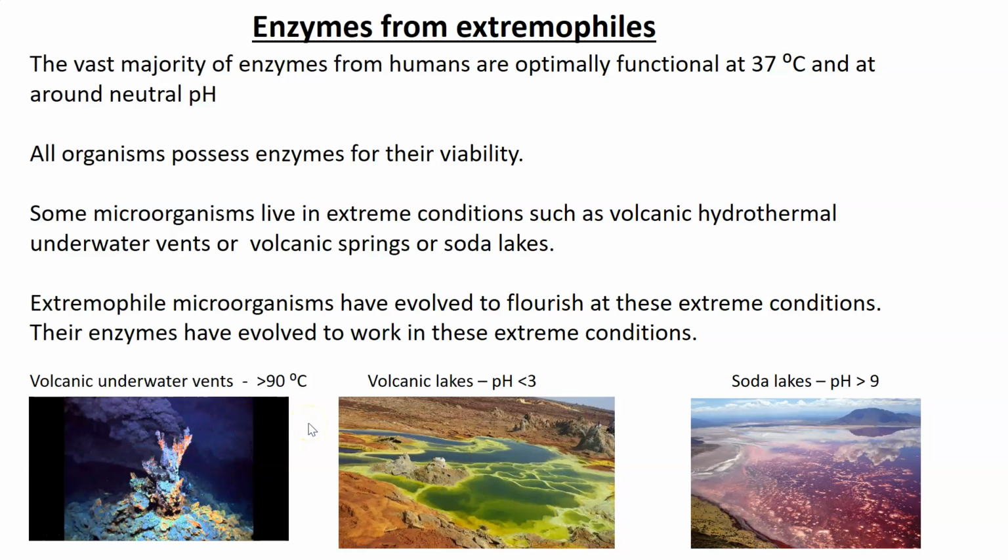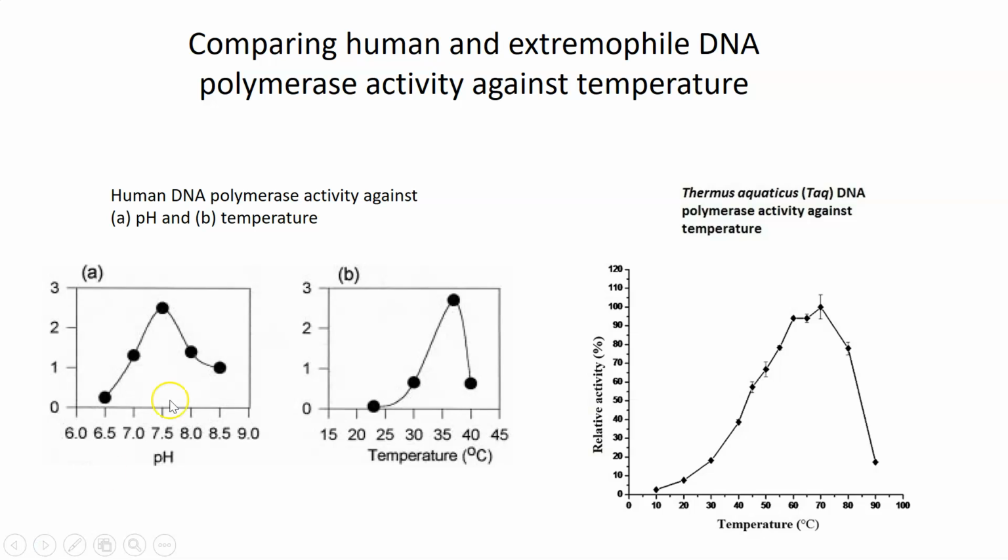But the fact remains that their enzymes have been adapted to work in these extreme conditions. Okay, now we can take advantage of that, and use those enzymes to our benefit.